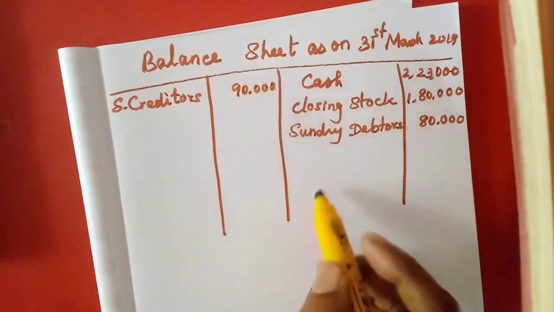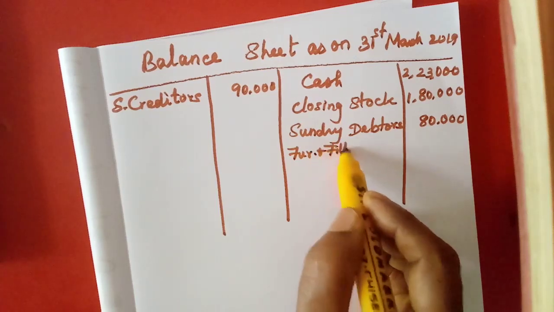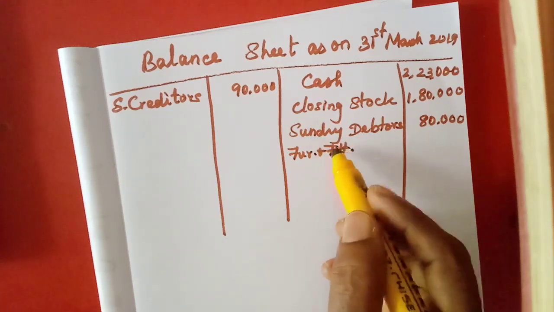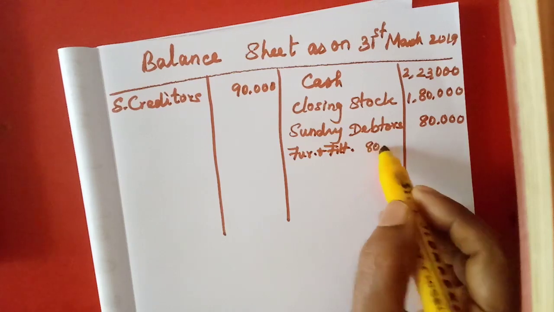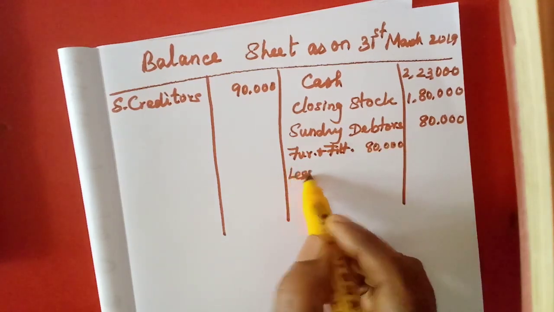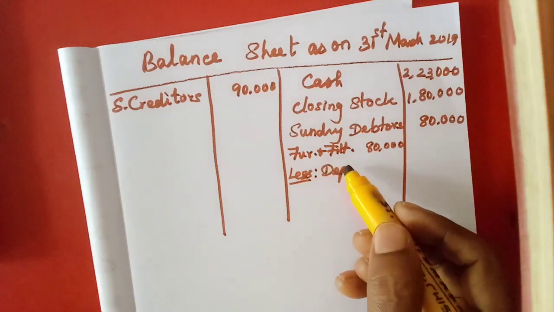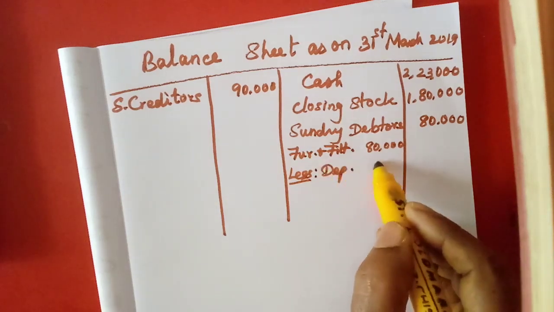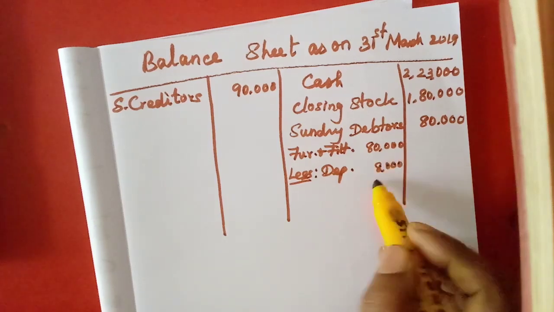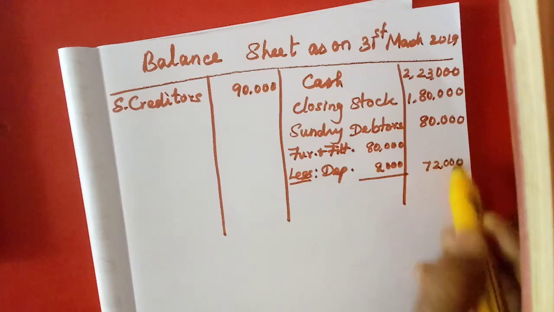Next one, furniture and fittings, 80,000 written. You should write that within the inner column. Then less depreciation, write fully. Depreciation 8,000. We wrote it in the profit and loss account. The remaining is 72,000.